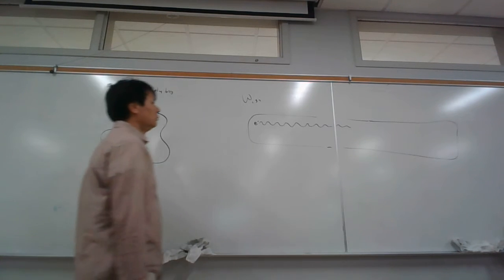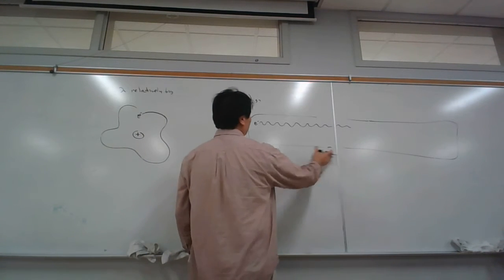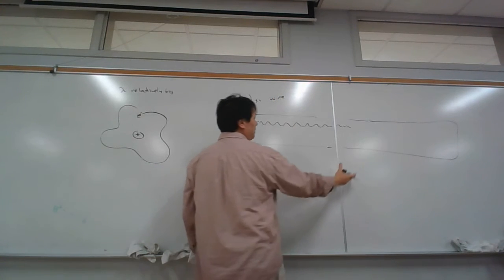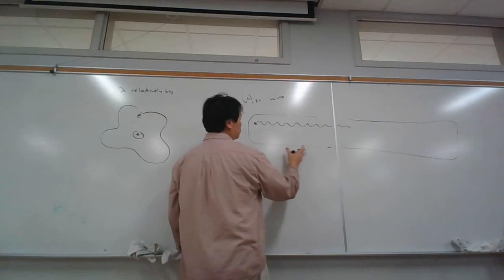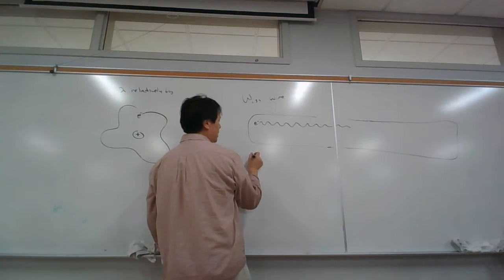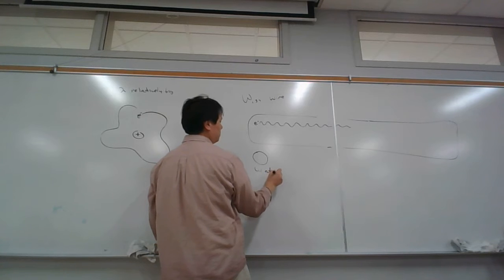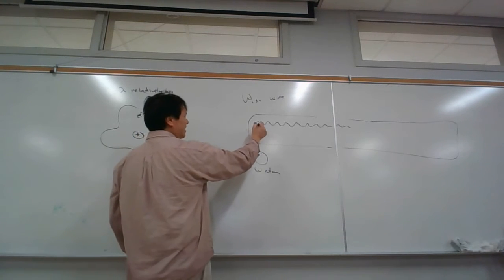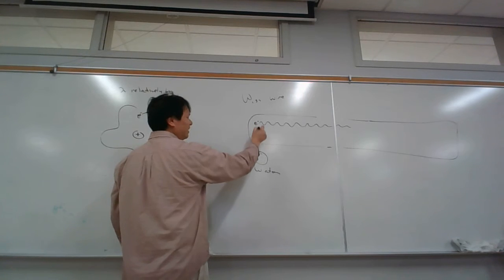What would happen, and this is tungsten wire, is if we can confine the electron to a tungsten atom, then let's just take an atom here and blow it up.